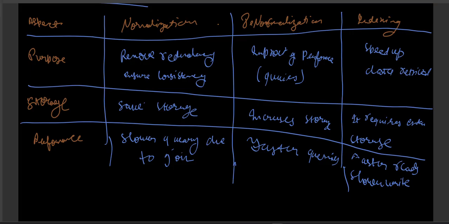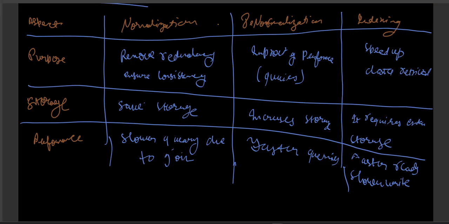Okay. And if we talk about performance, normalization gives slower queries because we are using joins. In joins, as you remember, we have to find the cross product or Cartesian product, and then find the data, so it gets slower.